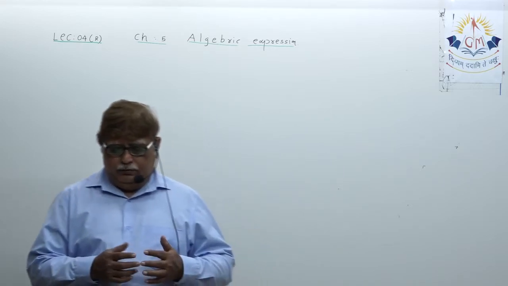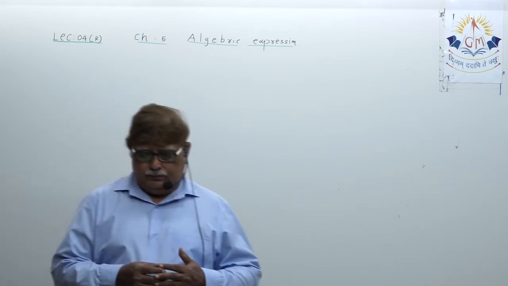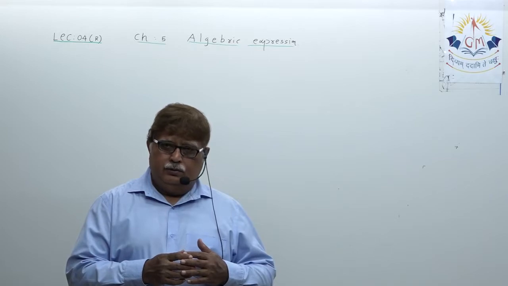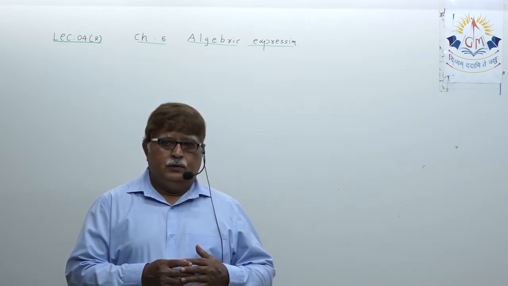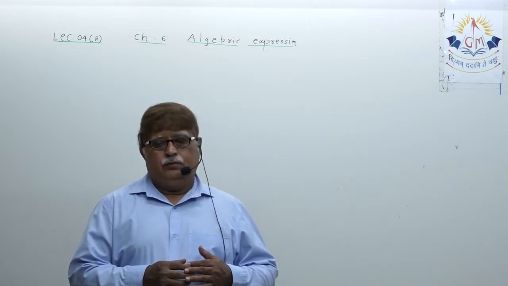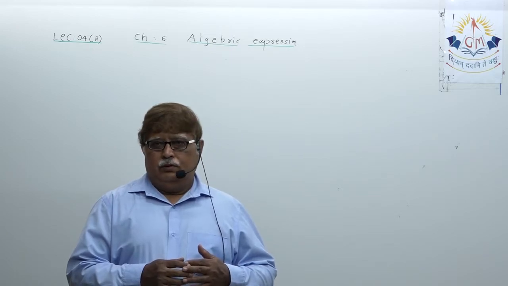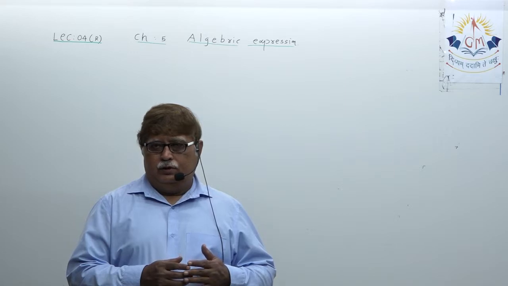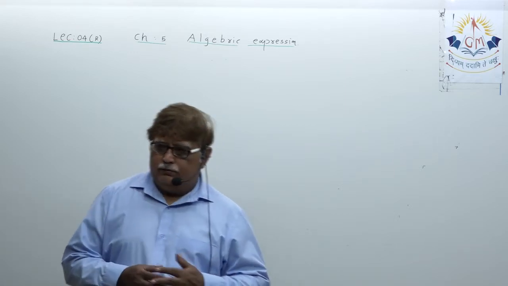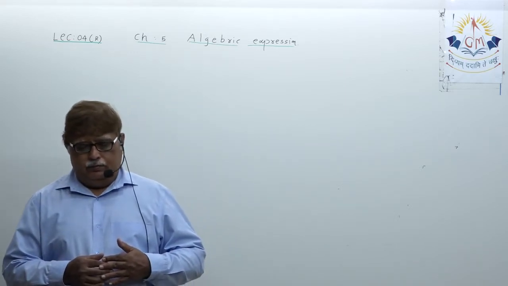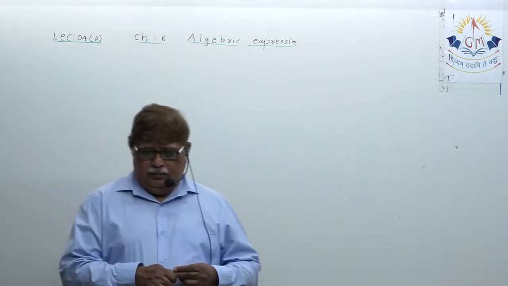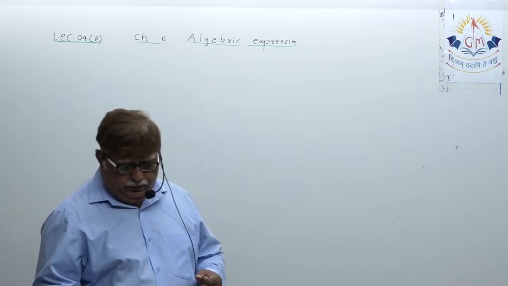In all these 3 lectures, we have explained in detail only the two particular identities. First, a plus b whole square, and then second, a minus b whole square.